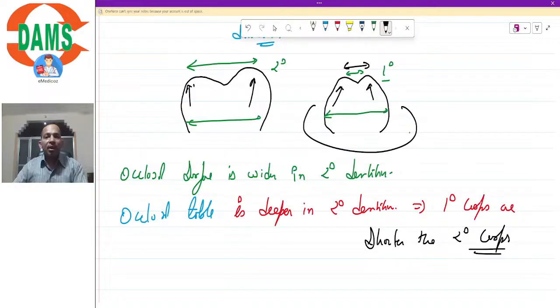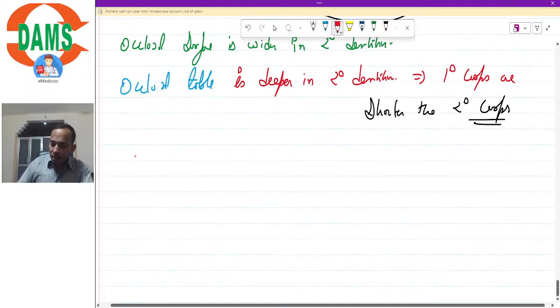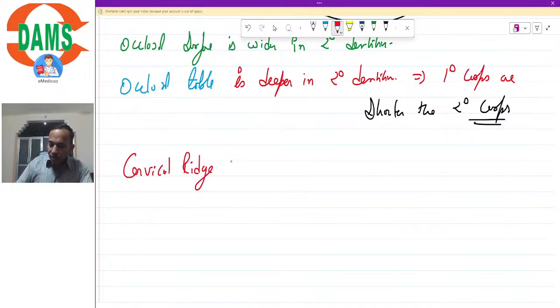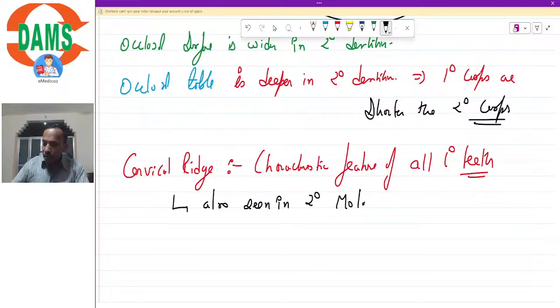It is the cervical ridge, isn't it? So the cervical ridge is a characteristic feature of all primary teeth, or of primary dentition, but it is also seen in permanent molars.